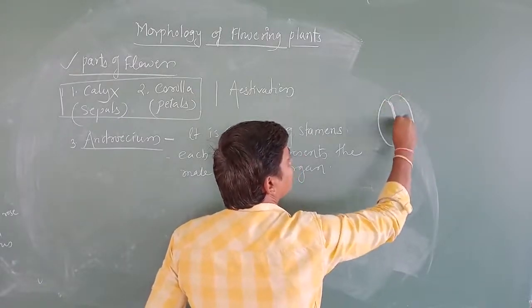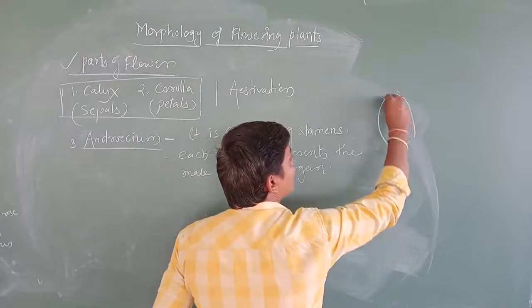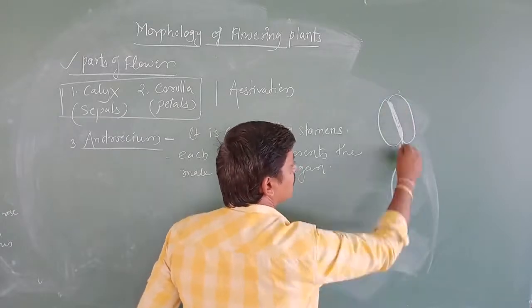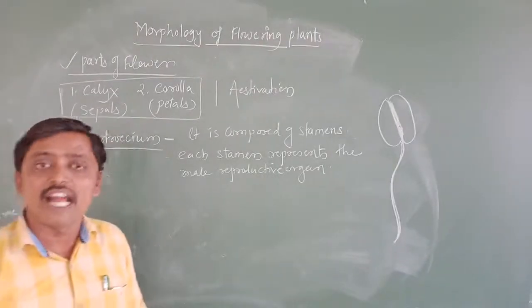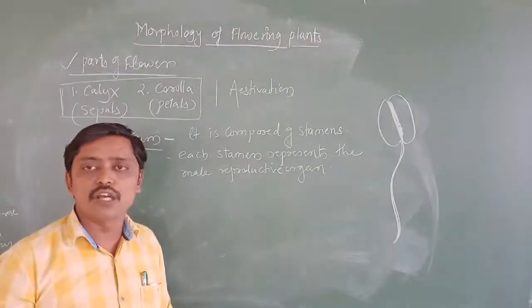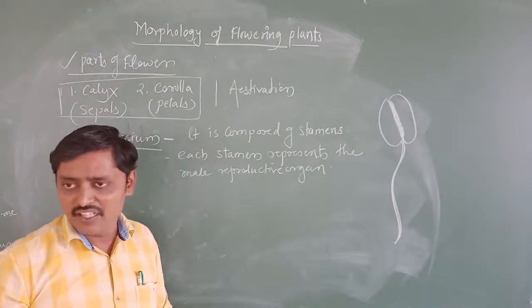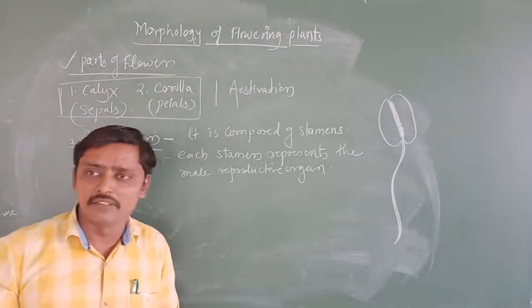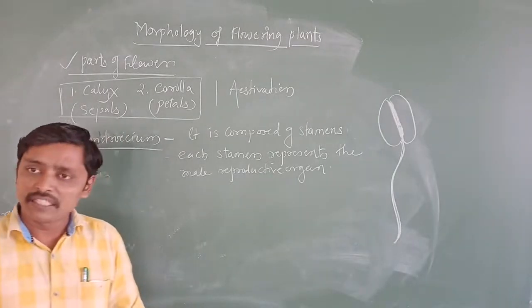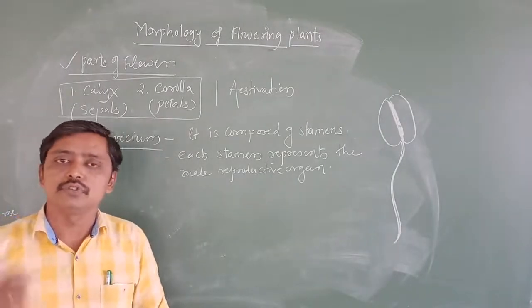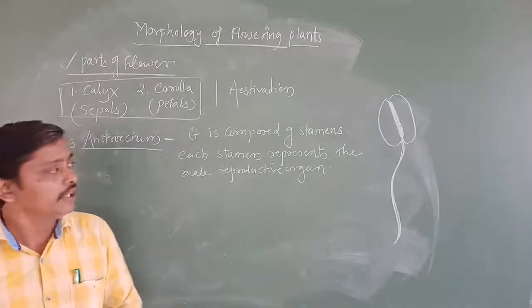There are different kinds of stamens, with different lengths in different species, and their arrangement also differs from one flower to another. But some basic characters are common in each flower.